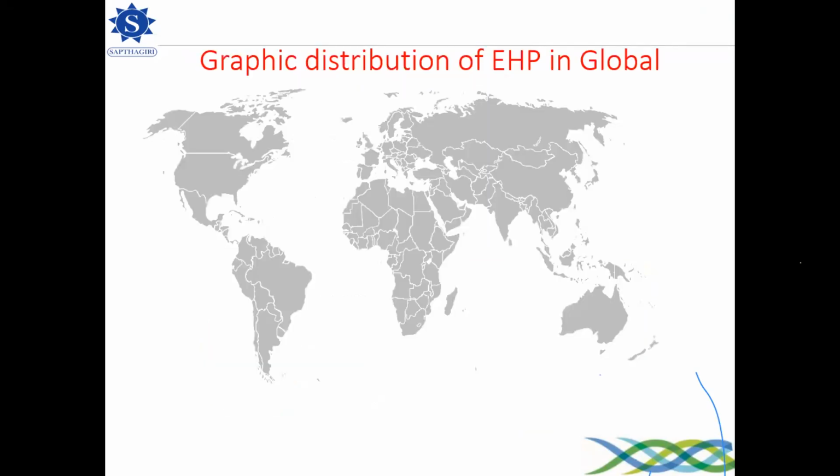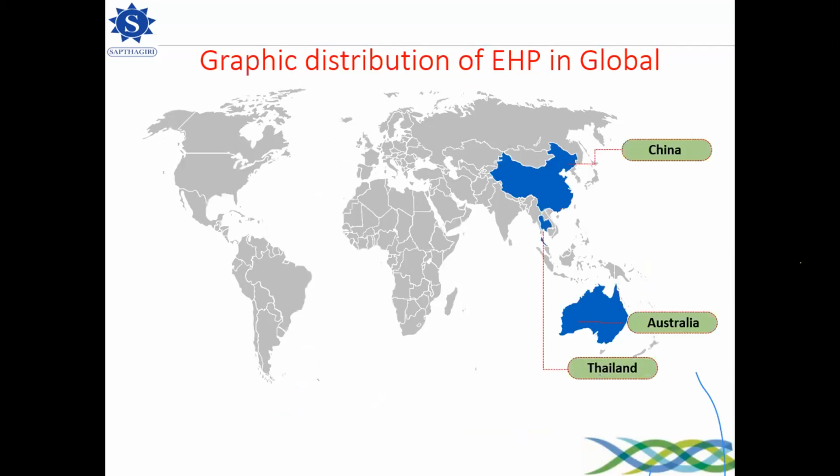EHP was first detected as an unnamed microsporidian from growth-retarded black tiger shrimp from Thailand in 2004. There were other reports of similar unnamed microsporidians in the hepatopancreas of Penaeus monodon in Malaysia, China, and in Penaeus japonicus in Australia in 2001.